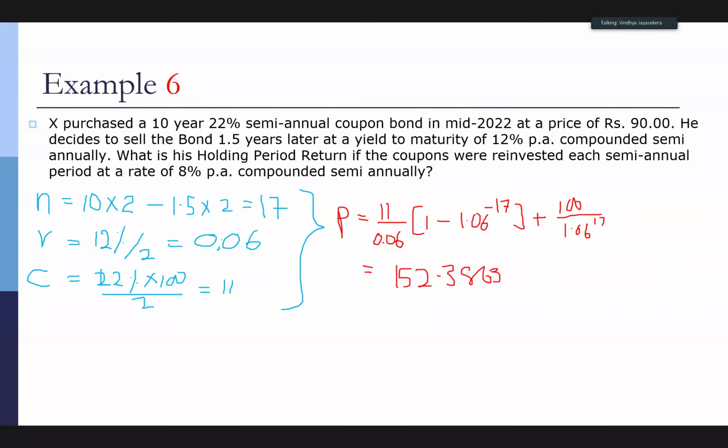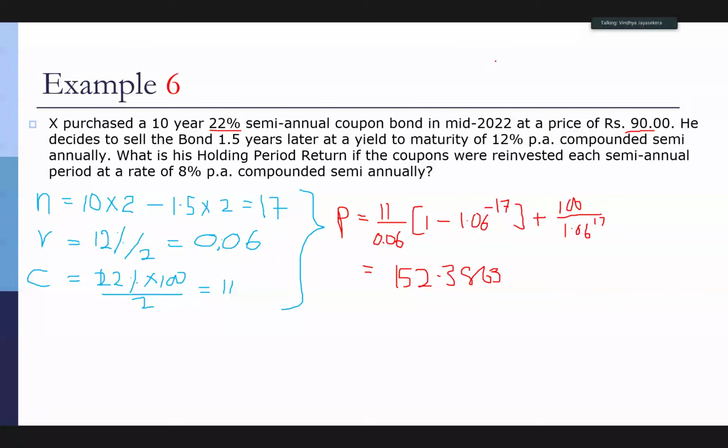So he purchased a bond at how much? 90. When he purchased it, it was 2 years ago. He purchased a 22% semi-annual coupon bond at 90. When you purchase a 22% coupon at a discount, your yield to maturity has to be even higher than that.